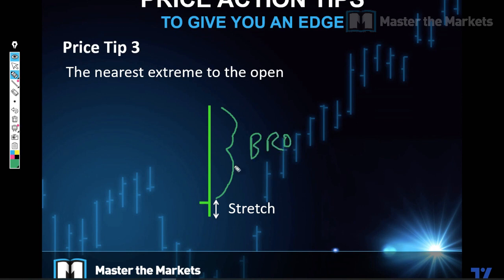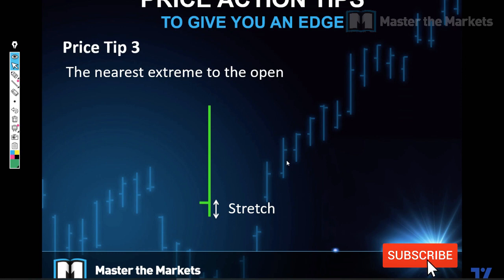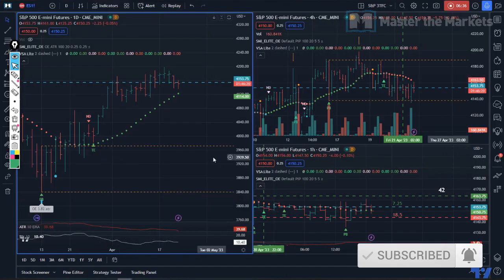So we want to be looking at that on the lower time frames, and capture the bigger range from the open. That's what we are looking to do using this principle and methodology.